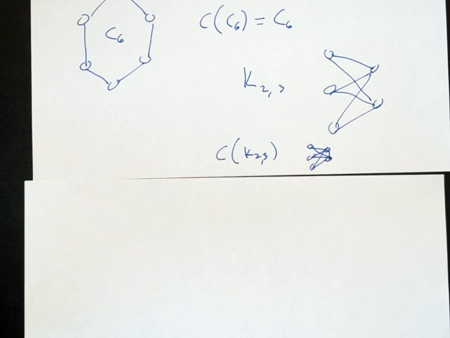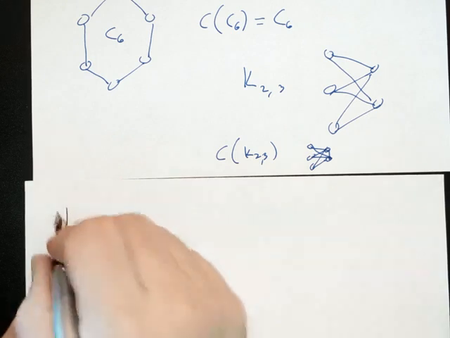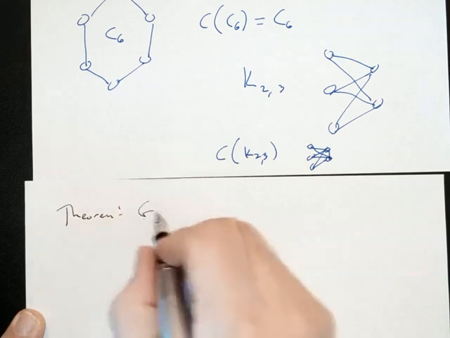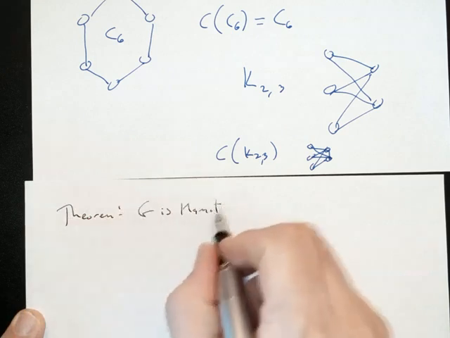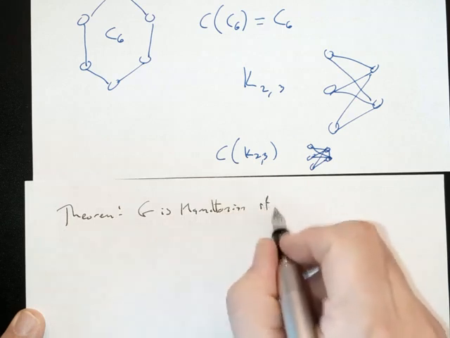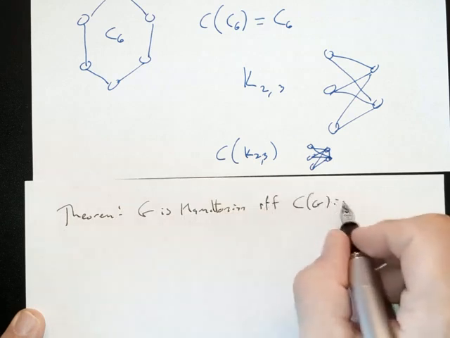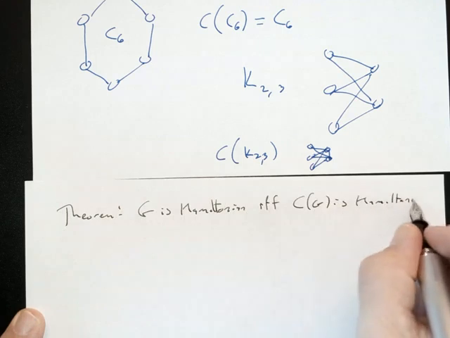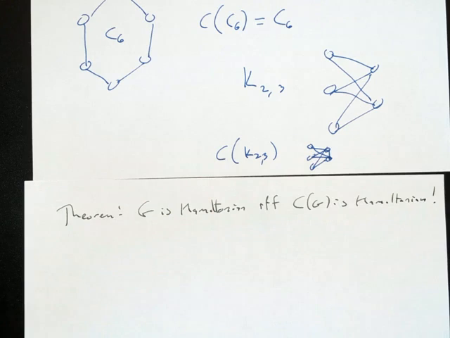So as long as that degree sum is holding in the first place, I have this lovely theorem. A graph is Hamiltonian if and only if its closure is Hamiltonian. And that's really what Ore's theorem told me. Ore's theorem said that nowhere along the way can you switch from Hamiltonian to non-Hamiltonian without violating that degree sum property.